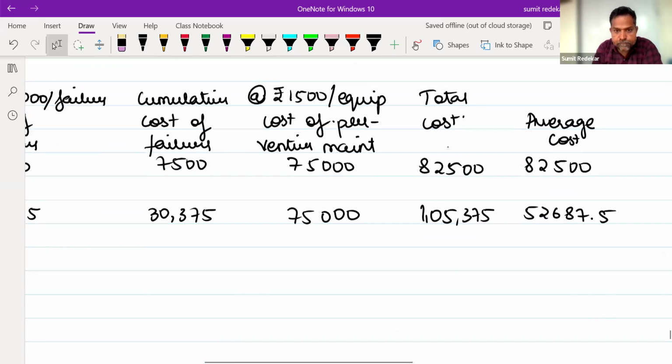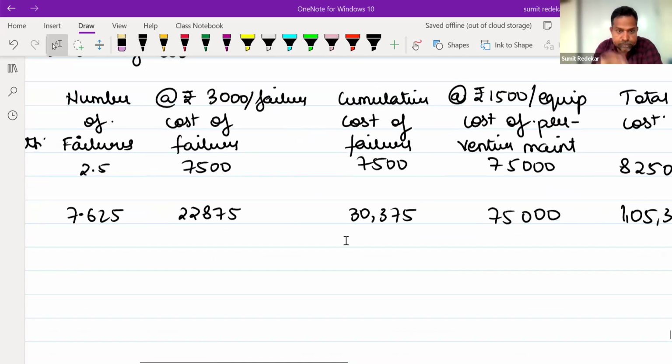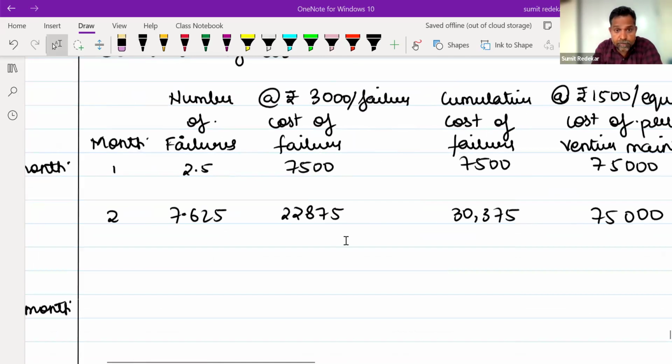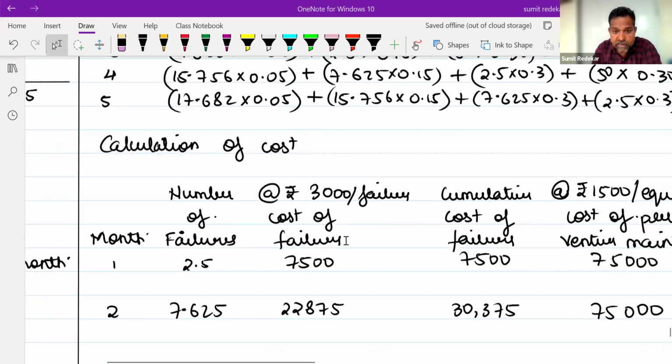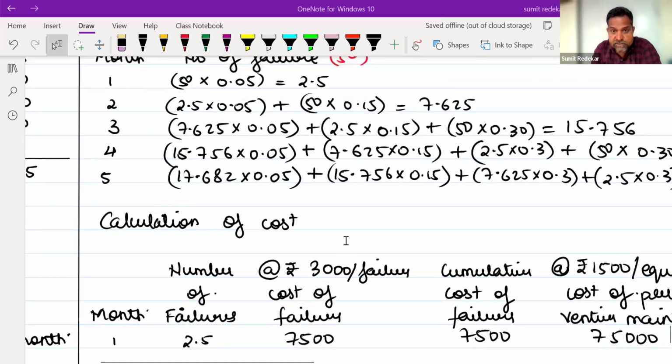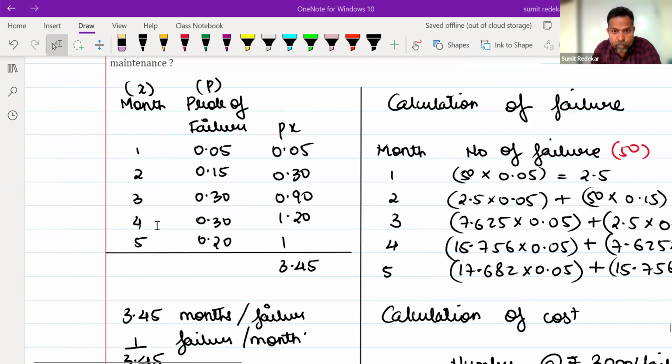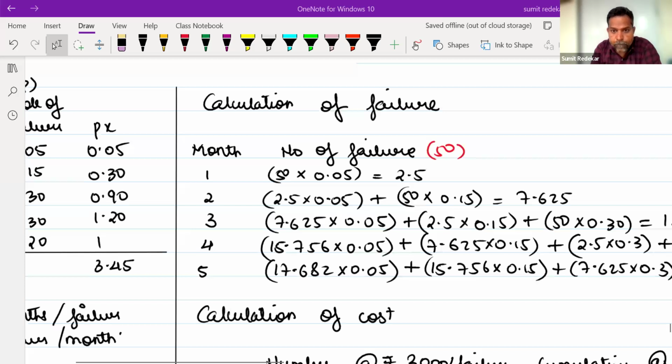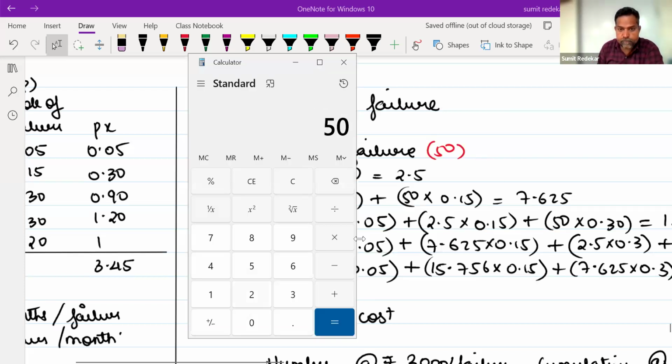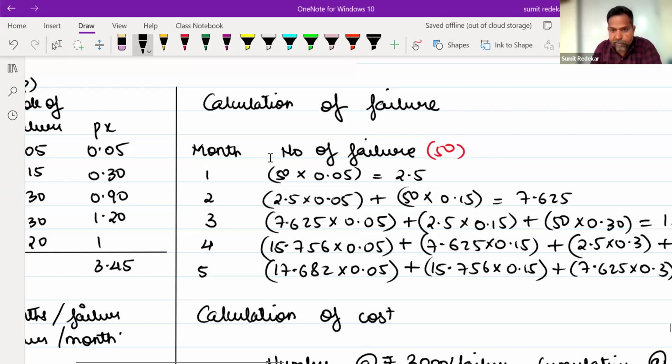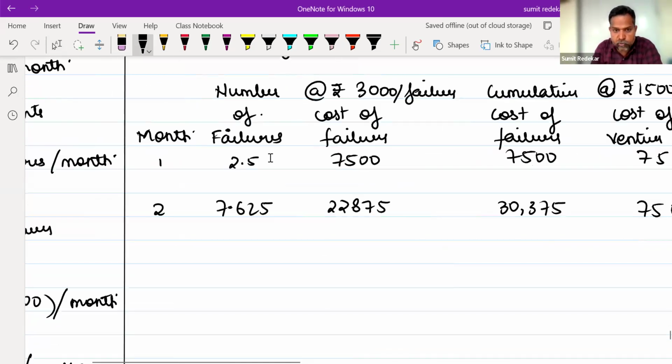Equal, right? How is 78 coming? Breakdown is correct, right? At 3,000, 2.5 gives 7,500. It is 50 with a probability of 0.5%. 50 into 2.5. Perfect. I don't think I'm wrong anywhere, but their answer and ours are slightly off.